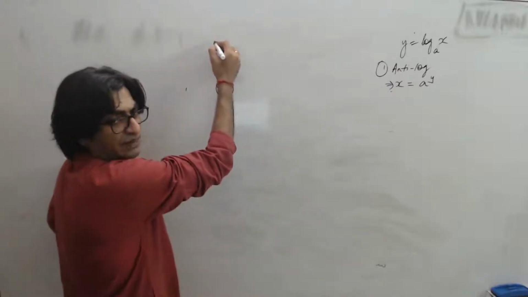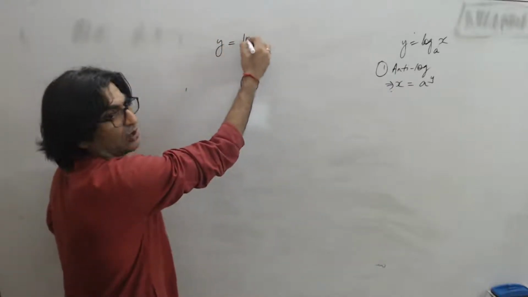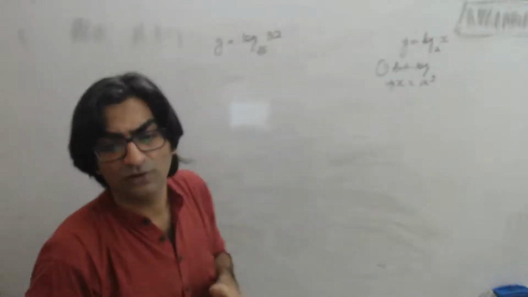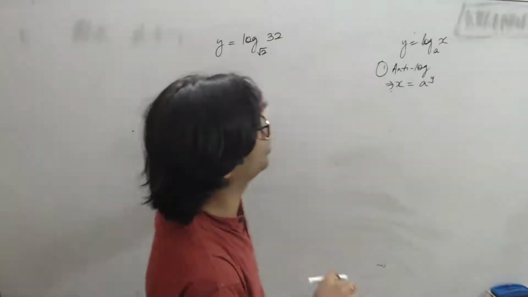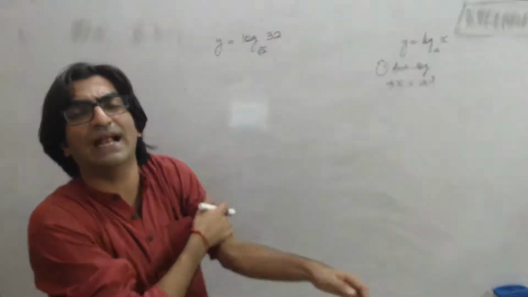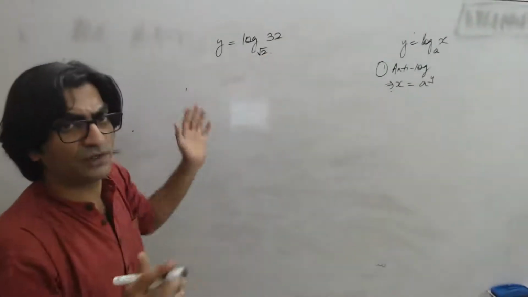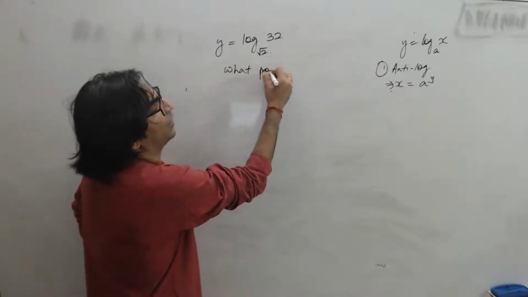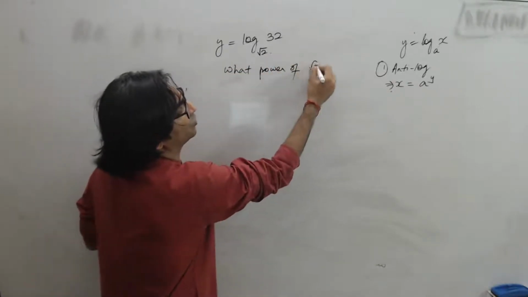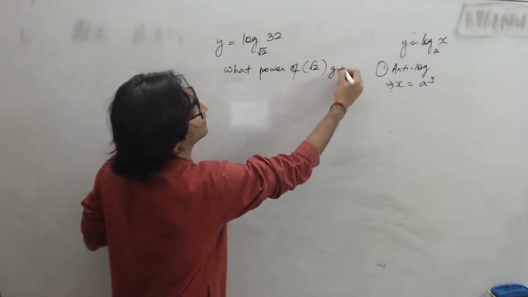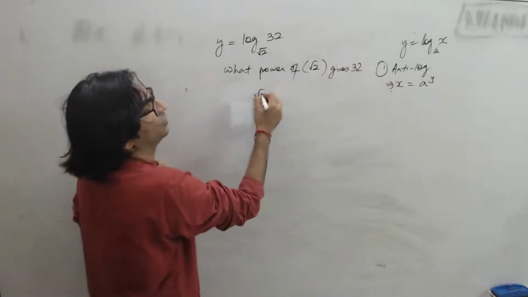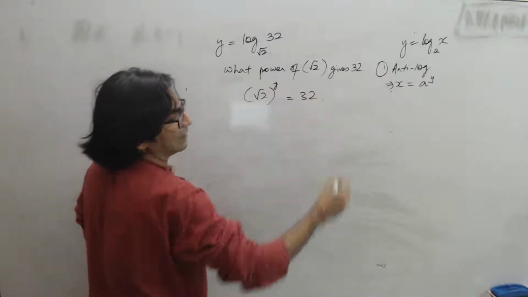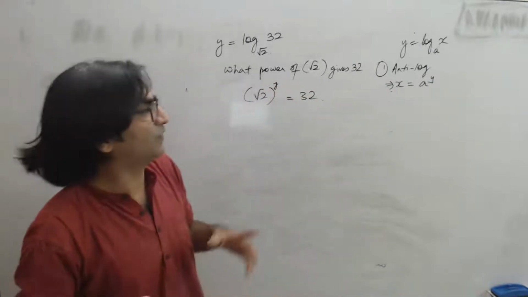This one is, find the value of y is equal to log of 32 in the base square root of 2. There are two ways in which you can think about this. You can either use the anti-log and remove the log, or you can use the basic definition: what power of the base root 2 gives 32, which means root 2 to the power of y is 32. Now think about this.